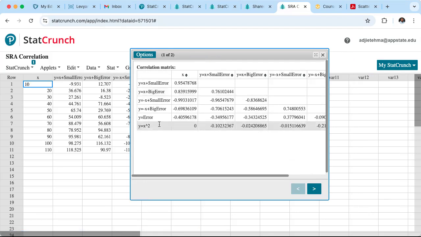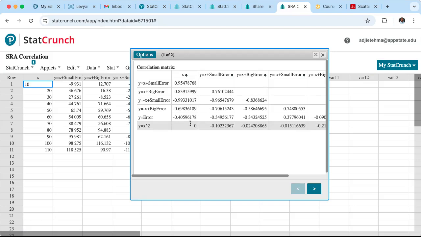And then the one that was curved, you see the R was what? 0. Is that okay? So the correlation coefficient always matches how the graph looks. Is that okay? But that is a bit more accurate than maybe using our eyes to check. Any questions so far?